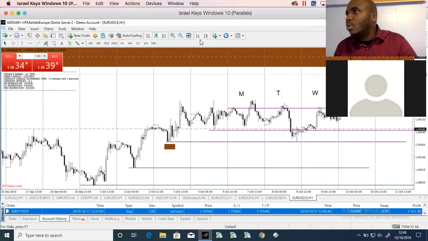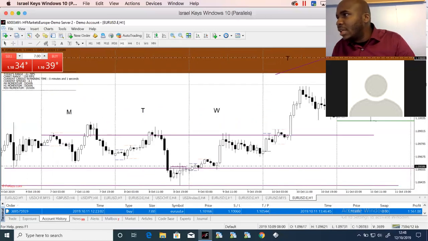It will show you where you got in. That's this tiny dot down there. Where you got out, that's this one there. And where you initially planned to get out when you took the trade. So where you set your take profit level from, it'll also show you your stop loss.